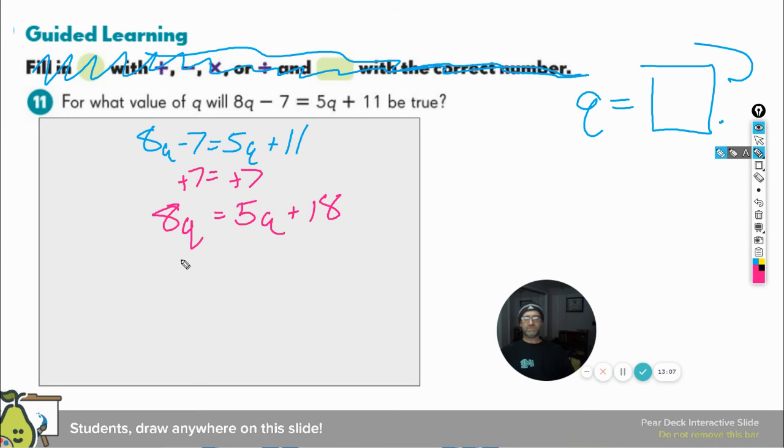Then I want to get my q's together, so I'm going to subtract 5q from each side. Then we're going to get 3q equals 5q plus 18 minus 5q, so 18. And here, this part, you can totally skip if you can start doing it in your head. 3 times what is 18? 3q is 18. Q equals 6, because you're going to divide each side by 3.